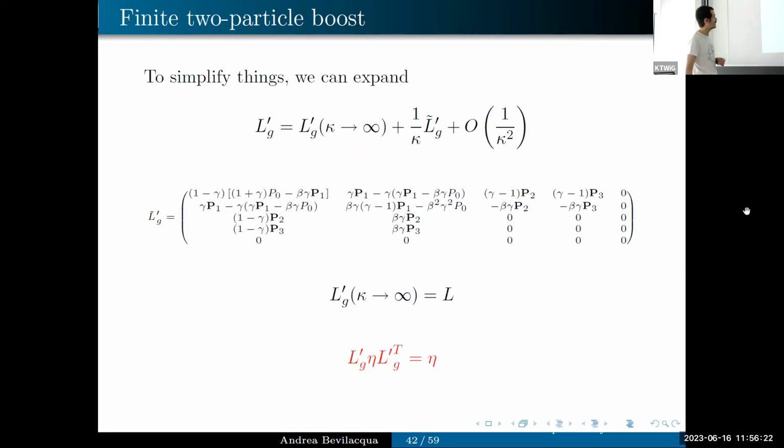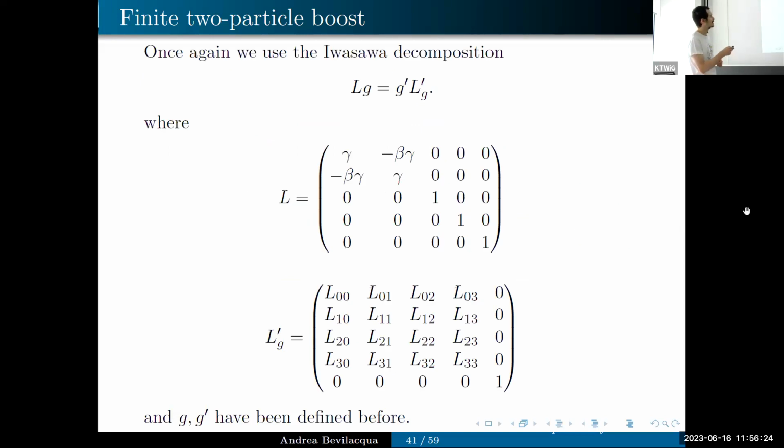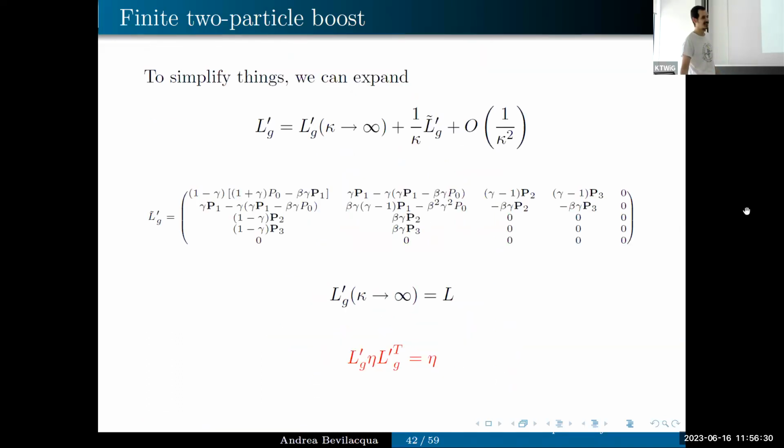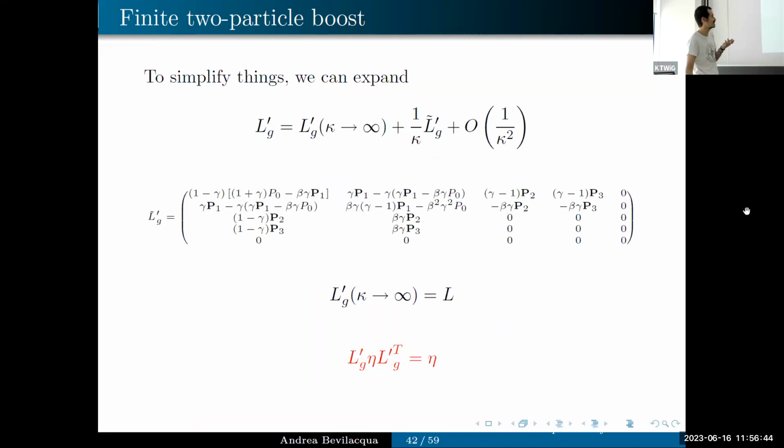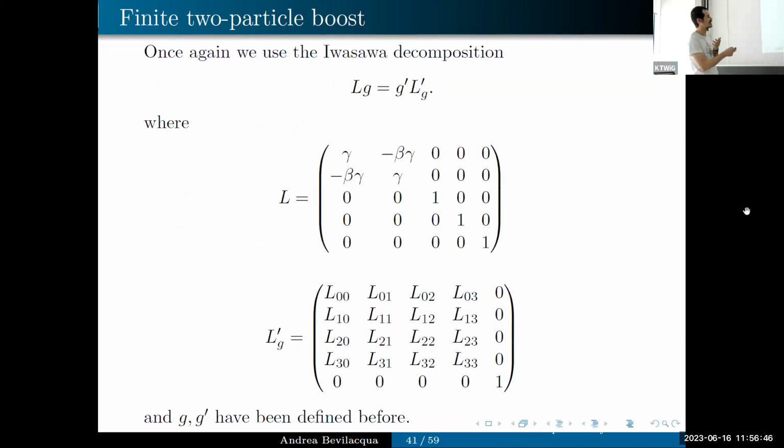I didn't use the subscript over here. Yes, sorry, I forgot to add the subscript. To keep it consistent, I should have added this L G over here just to make it clear. In the previous part I added it, but since this is the canonical boost, I didn't write anything.